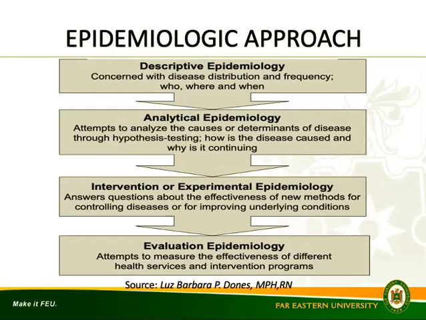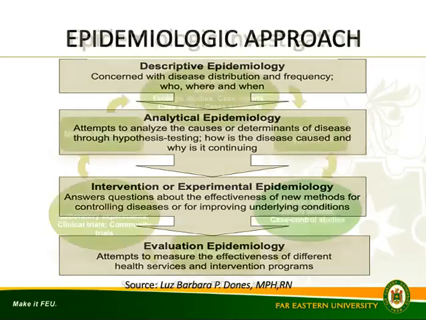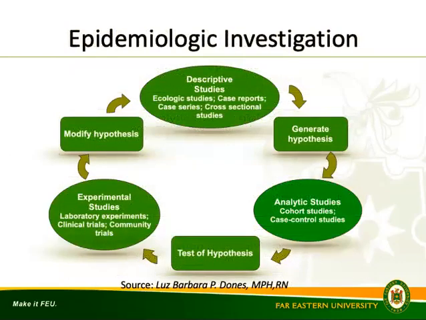Okay? And also another approach is the intervention or experimental epidemiology that answers questions about the effectiveness of new methods for controlling diseases or for improving underlying conditions. And of course, the evaluation epidemiology that attempts to measure the effectiveness of different health programs. Now, usually epidemiologic investigations go through this process.